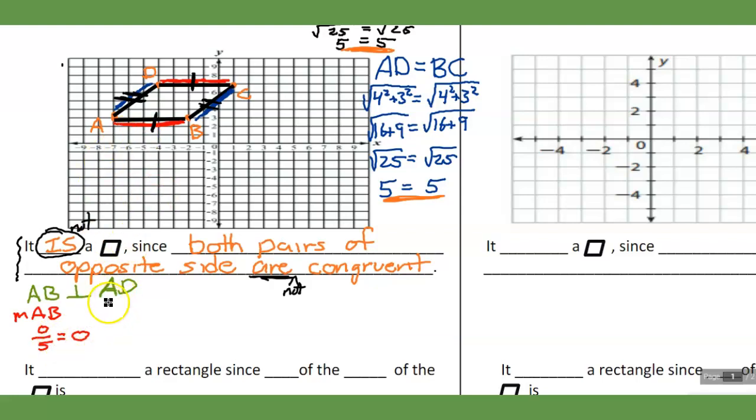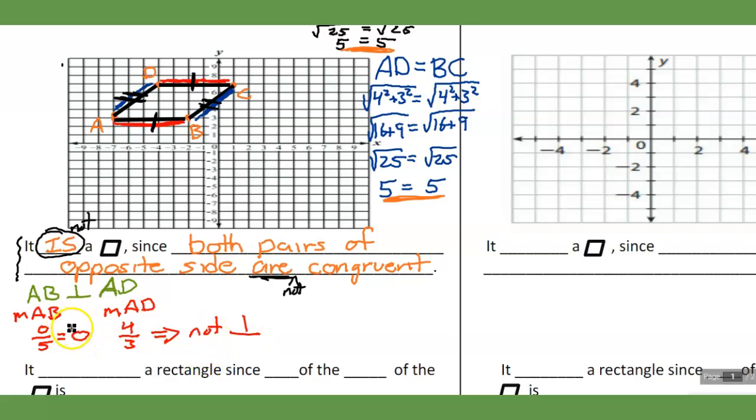And then find the slope of AD, which is up 1, 2, 3, 4 over 3. So are 0 and 4/3 perpendicular? Right? Not perpendicular.